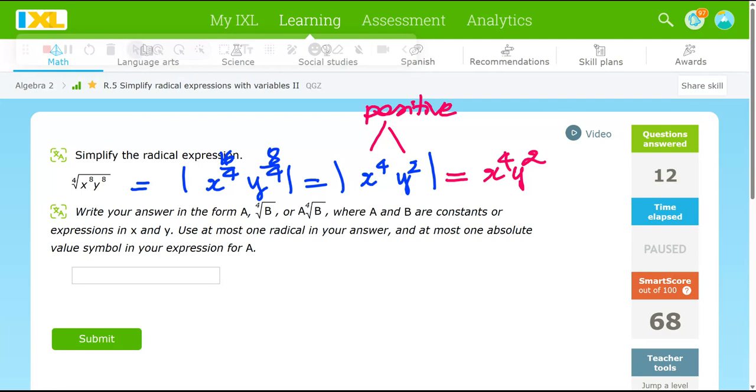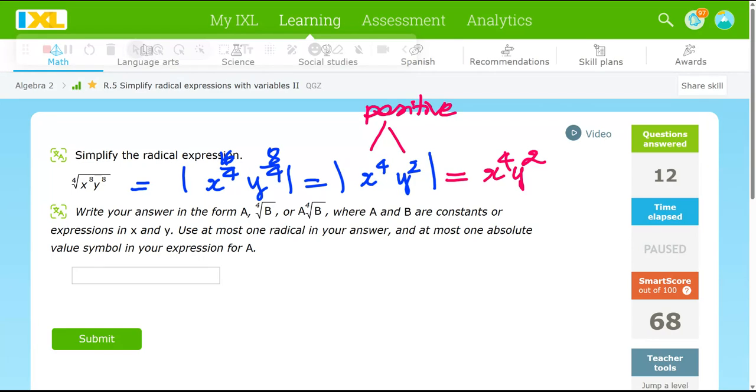You see that? That's it. So we do it slow, but next time I can do it super fast. X to the 12, I can take it outside as x to the 6, because 12 divided by 2 is 6. And then x to the 1, you cannot do anything, it's still inside. That's it.